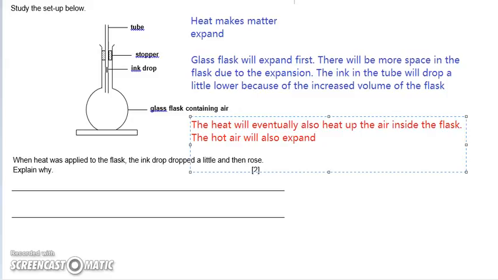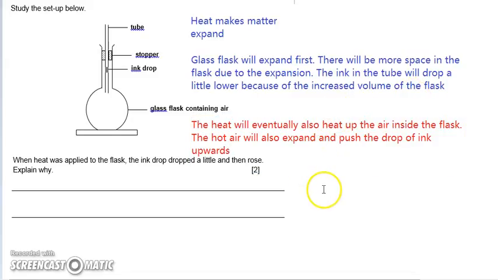When the hot air expands, it has no other place to go except through this tube. The hot air will expand and push the drop of ink upwards. Okay, so these are the two explanations.